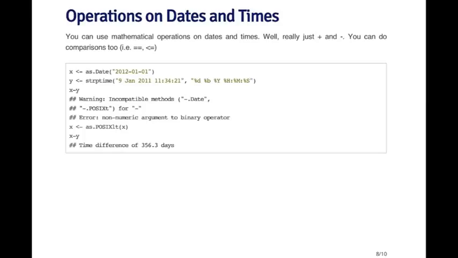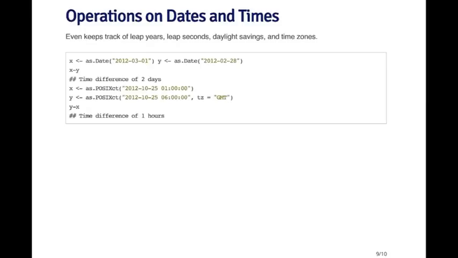So if here I have x, which is a date object, and then y, which is a POSIXlt object, if I try to subtract the two, you'll get an error because they're not the same type of object. But if I convert the date to a POSIXlt object, so I can do as.POSIXlt on it, then if I take the difference, it'll say that there's a difference of 356.3 days between the two.